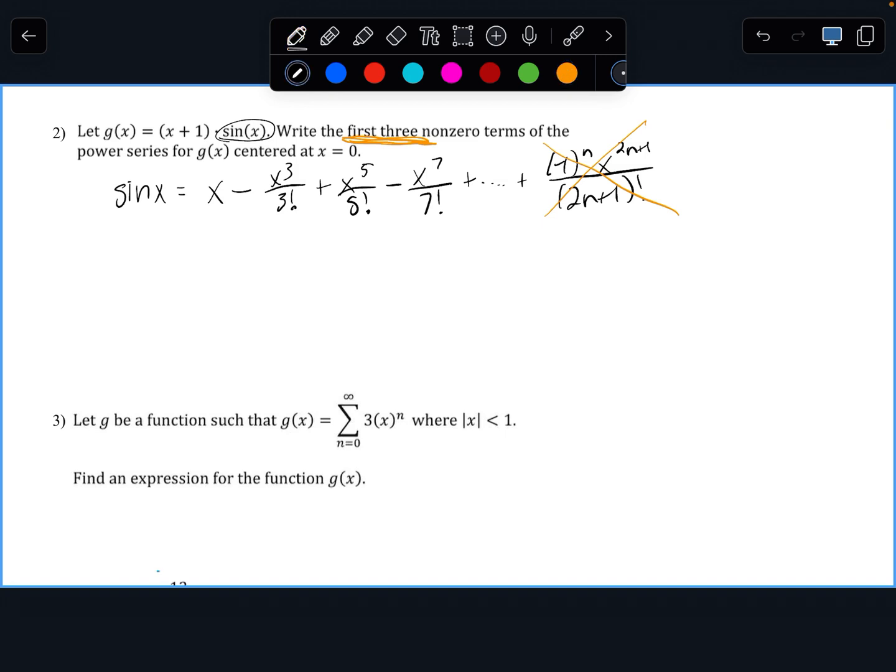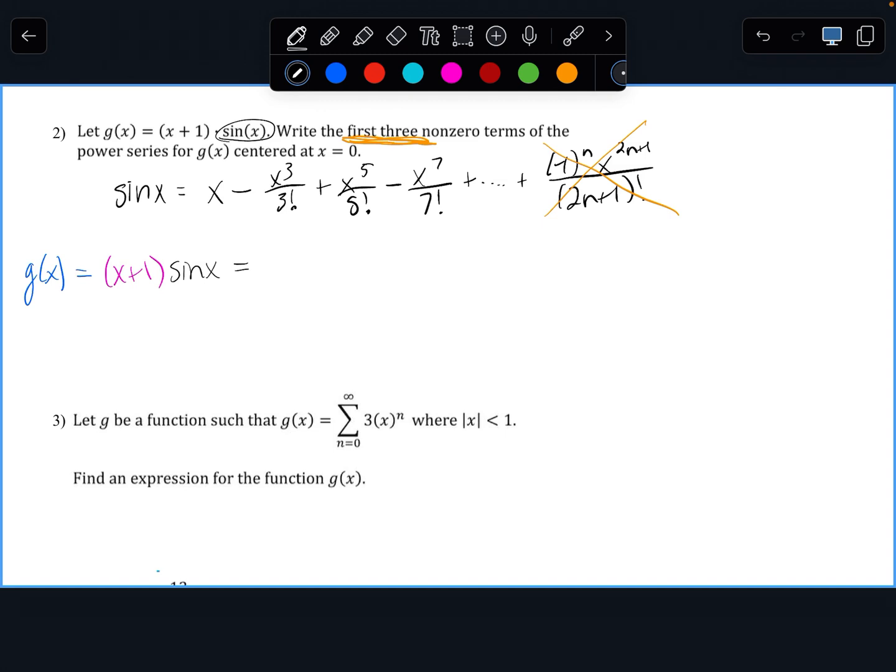But now to find g of x, you're going to have to distribute this x plus 1 times sine x.